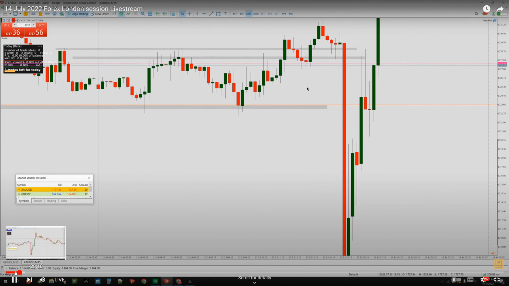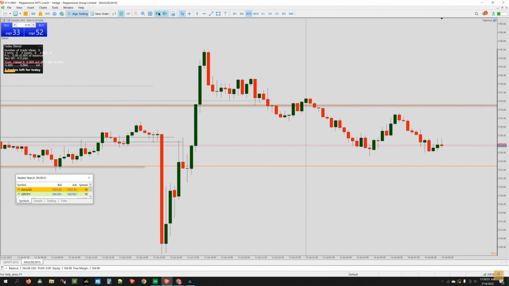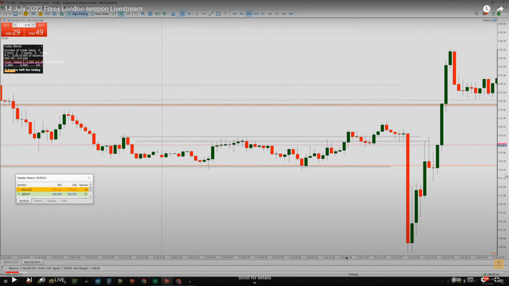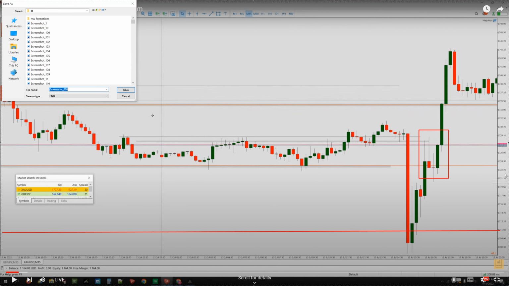All right, yesterday this down move in gold was a CPI move, and yes, I want a screenshot of this area. We have a support at 1711 also, and I wanted to look at this area in detail. We have this zone right over here, and it usually forms near the zone.